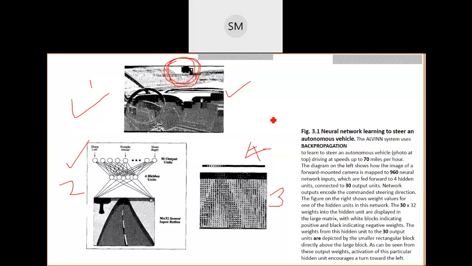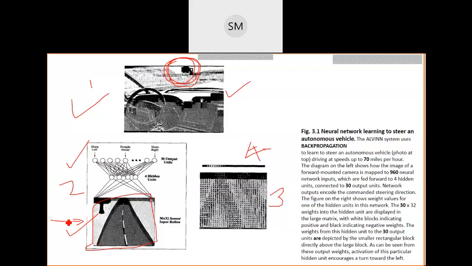This camera is giving input to our artificial neural network. When we switch on the camera, the highway looks like this, and whatever screen is visible to our artificial neural network is nothing but a 30 into 32 pixel grid.